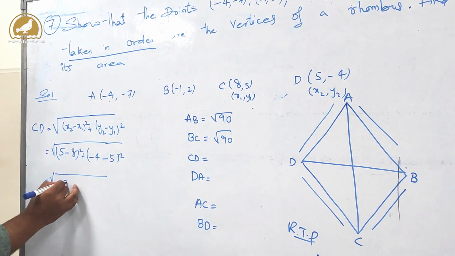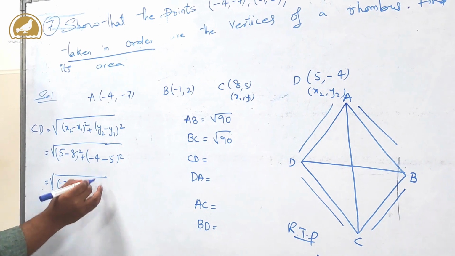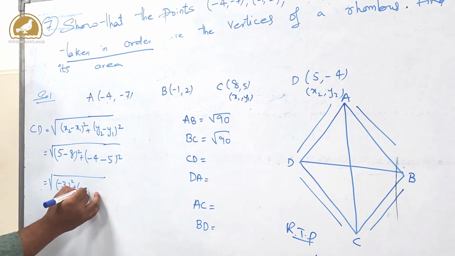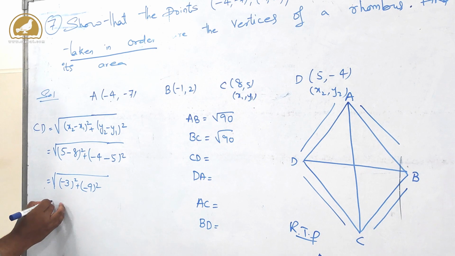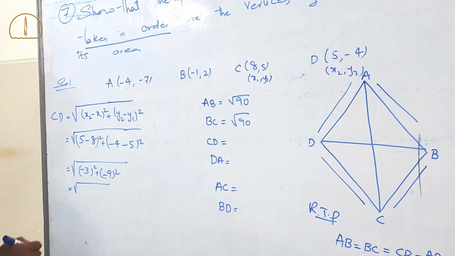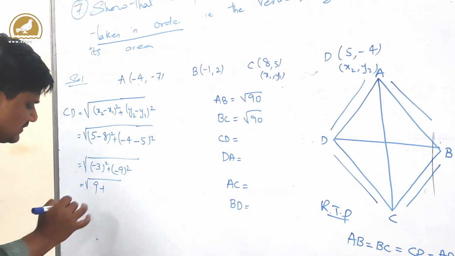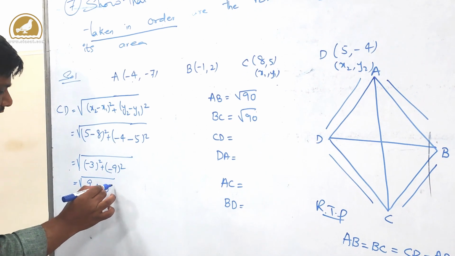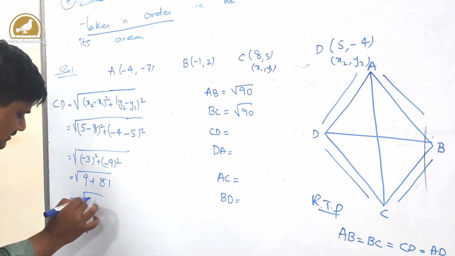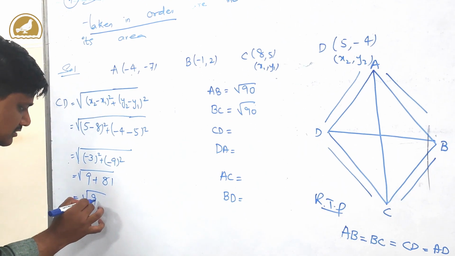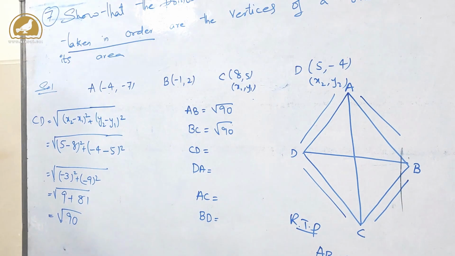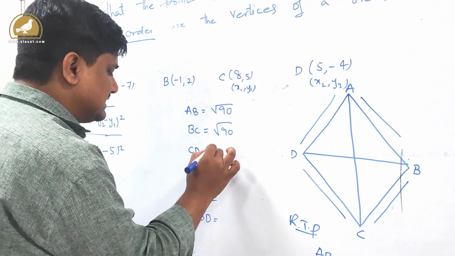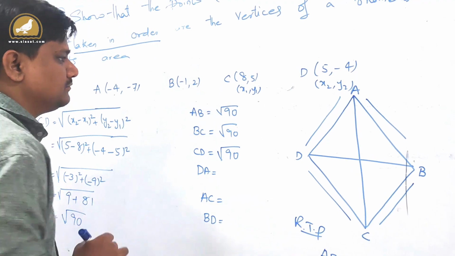So 5 minus 8 is -3 square, and -4 minus 5 is -9 square. 3 square is 9, 9 square is 81. This is root 90. So again we got the value of CD as root 90.